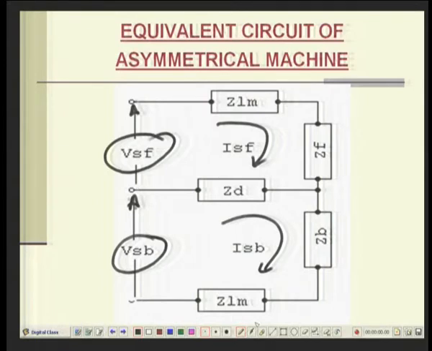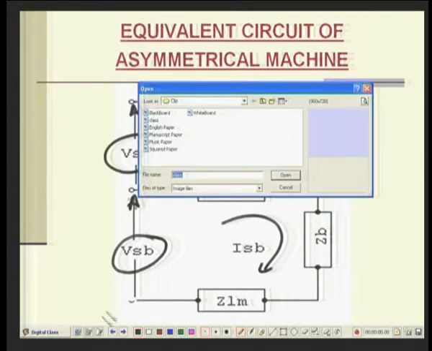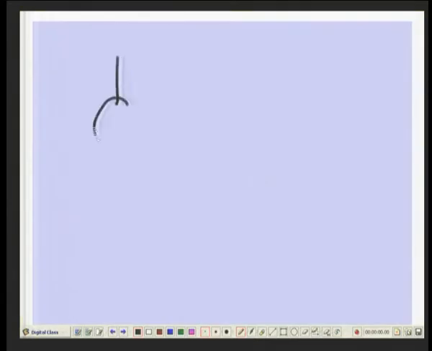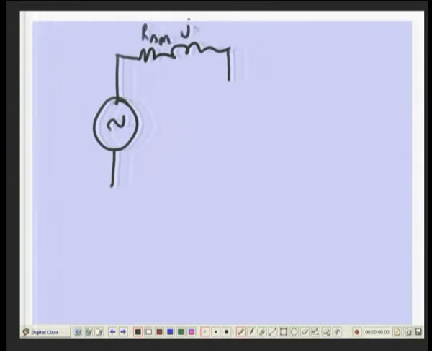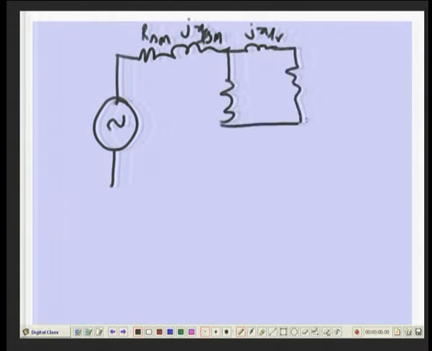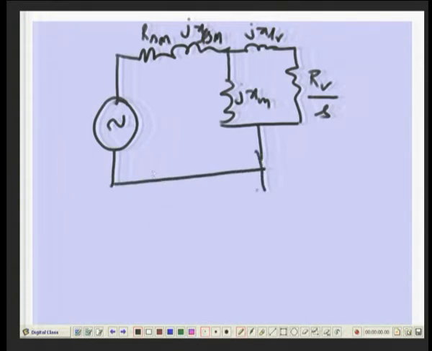Now it is easy to write VSF: RS plus J XLS M, J XLR, RR over S (not RR by 2S, it is ZF actually), J XM, and ZD.